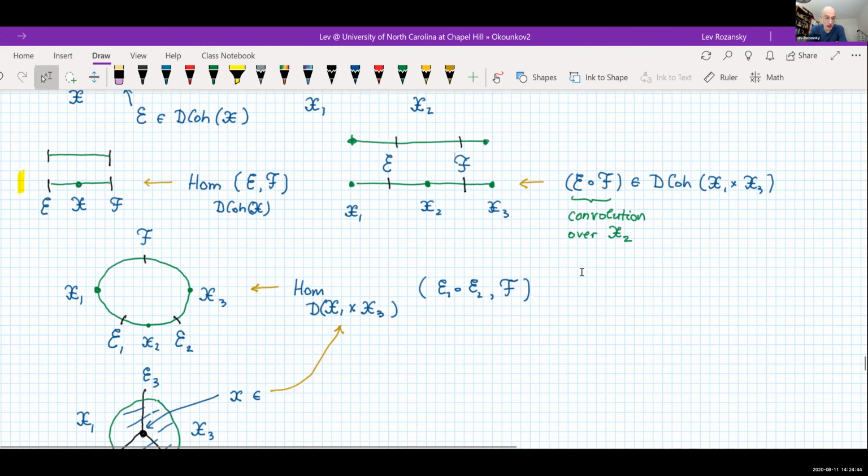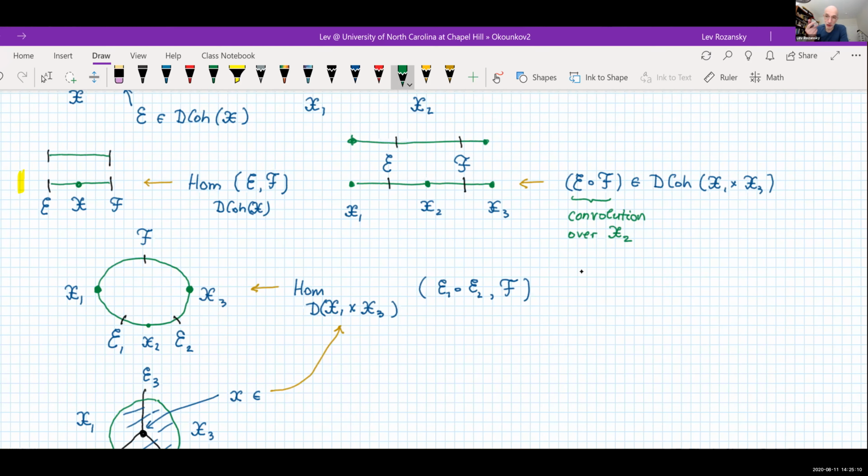If you have a circle with three black marks, for example, here, then there are equivalent ways to cut it. So first of all, let's cut it at x1 and x3 by these two green points. So we cut it here and here.